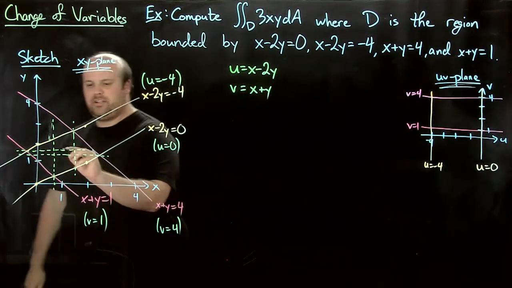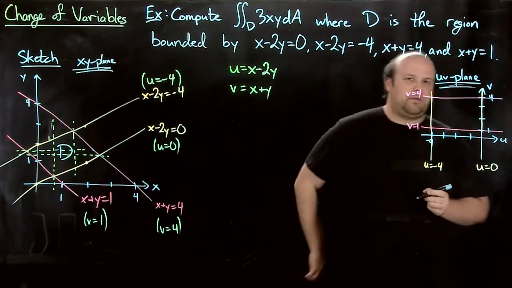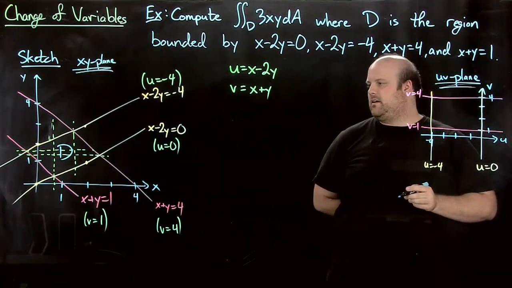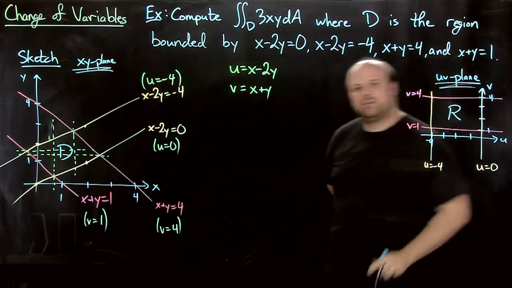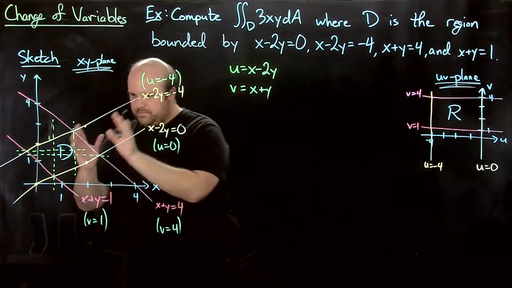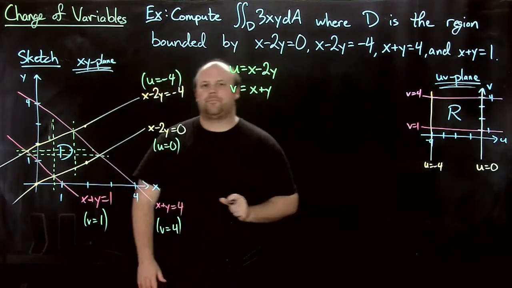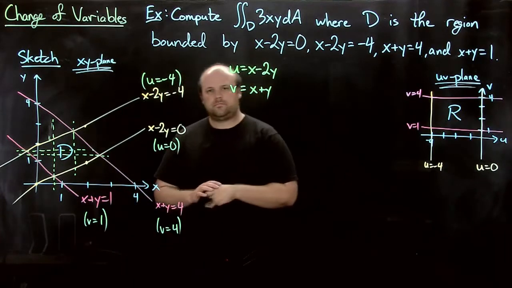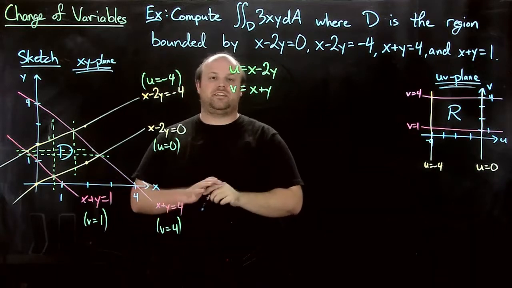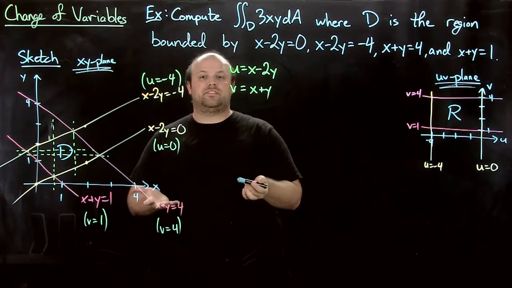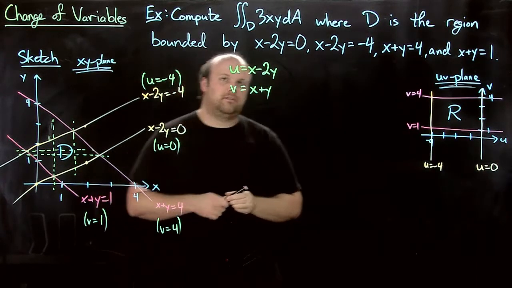So if this region here is D, maybe we'll call this R. How do we go from D to R? Well, we have this system of equations here, and we can solve it for x and y.